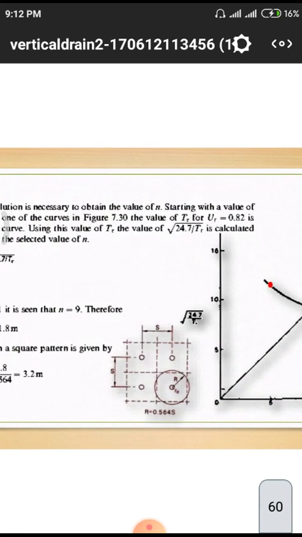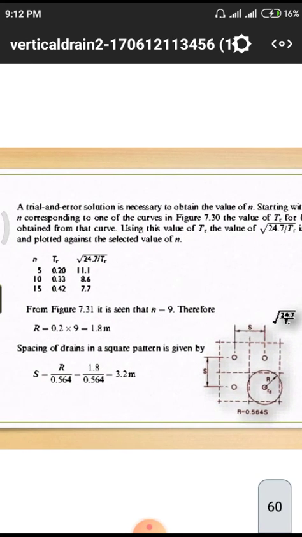In the figure itself they directly drew those things. R equal to 0.2 into 9, which is equal to 1.8 meters. That means the radius of the circumference equals 1.8 meters. And the spacing, from one to the next, we need to have a space of 1.8 by 0.564, that is simply 3.2 meters. That means simply an 11 feet distance between the successive holes.